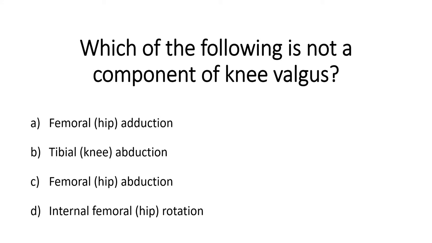So which one of those is not a component, or you could say a feature, of knee valgus? Doesn't have to be excessive, just knee valgus. We all experience a small amount of knee valgus, but which one of those is the one out that doesn't contribute to it?